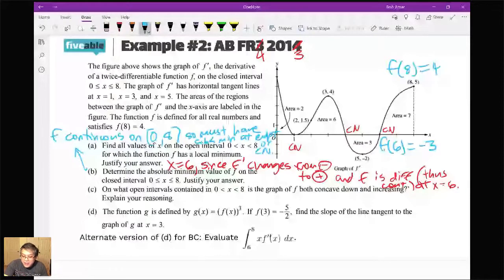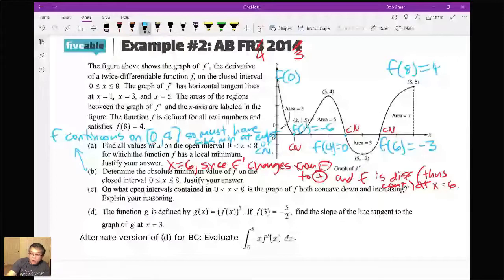So if I'm subtracting -3 from -3, this actually tells me that f of 4 is equal to 0. Okay, and finally we got another critical number at 1. So f of 1 must be -6. And that means f of 0 has to be -8.